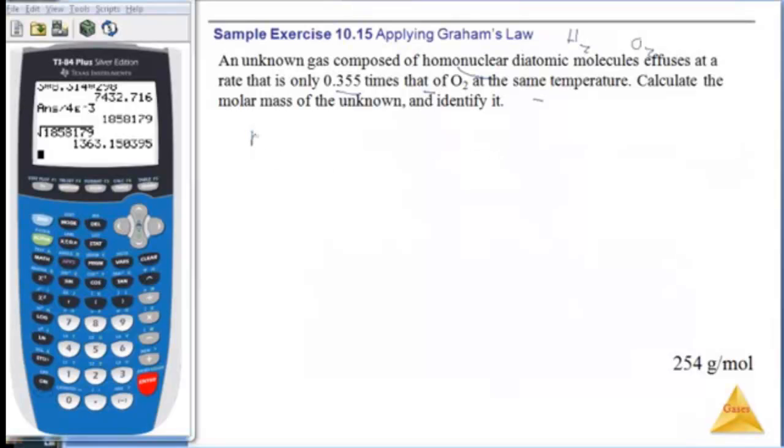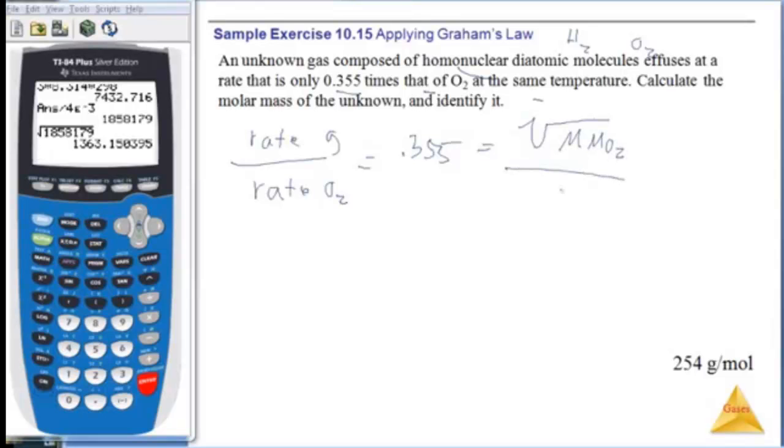So what I know is the rate of some gas over the rate of oxygen is 0.355, and I know that it's equal to the square root of the molar mass of oxygen over the square root of the molar mass of this gas.